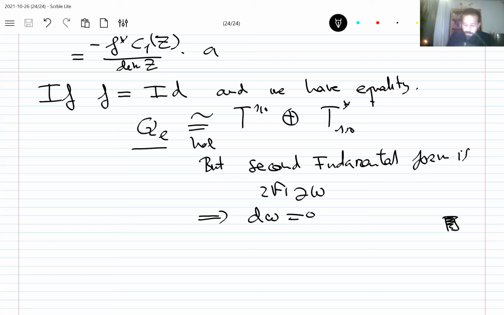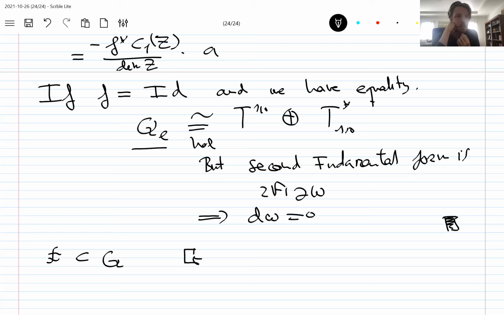What I'm saying is that if I have a holomorphic vector bundle Q and a subbundle F, then the second fundamental form measures the difference between the Chern connection, and I have a Hermitian metric G. Okay, I know the definition, but in this example, what's the subbundle?